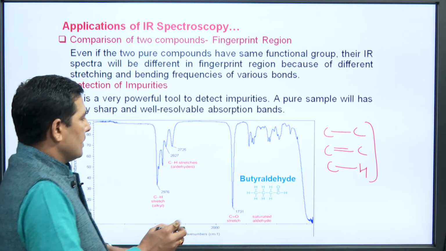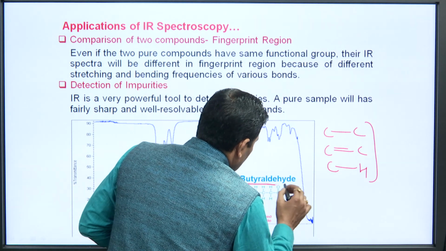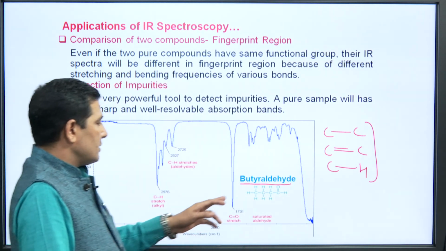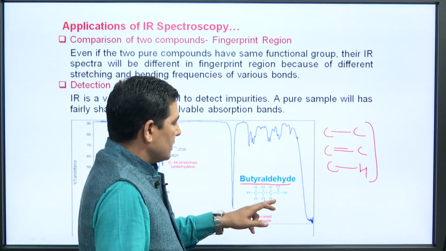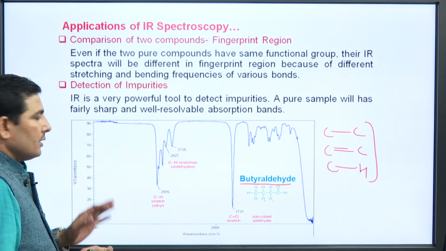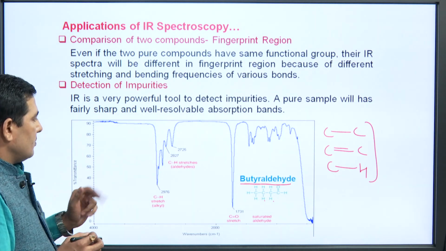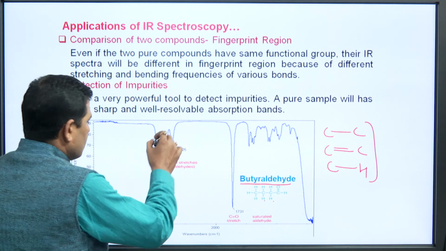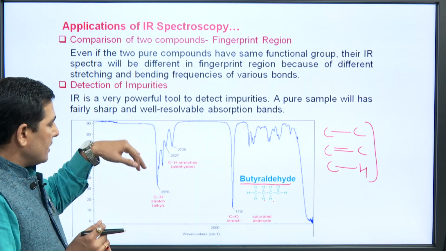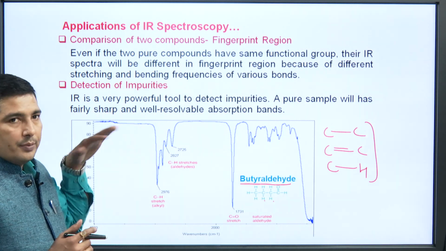This is the IR spectrum of butyraldehyde. Butyraldehyde means CH3, CH2, CH2 and CHO. You can see which types of peaks are present. IR by tradition has been shown in the form of a dip.